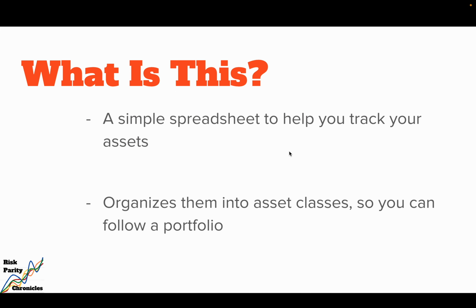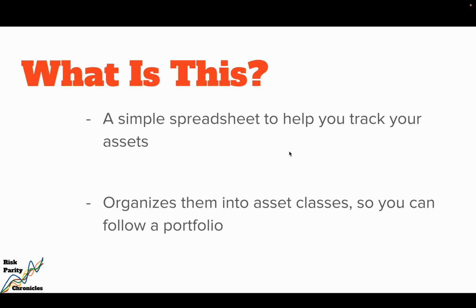All right, now what is this I'm about to go through? It's a simple spreadsheet that will help you track your assets. And with tracking them and putting them in asset classes, like different categories of things, you can then follow a portfolio.